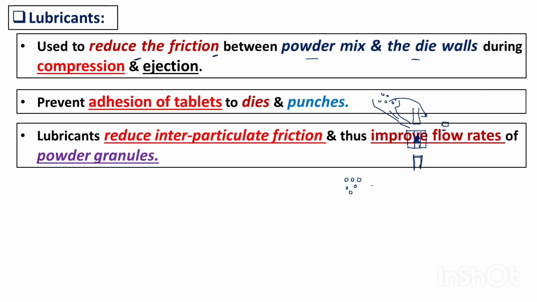When we use the lubricants, it will be smooth and it will reduce the friction between particle to particle. There may be no chance for breakdown of the granule, and also it will improve the flow rates of the powder granules from the hopper to the die cavity. So better flow rate means better presence of the powder at the die cavity. After compression, the surface of the tablet is also smoothened by using the lubricants.